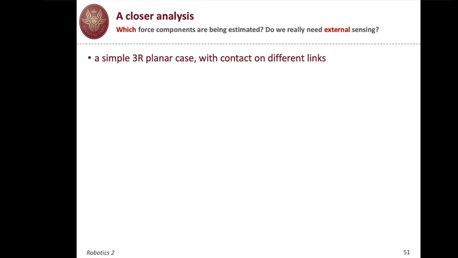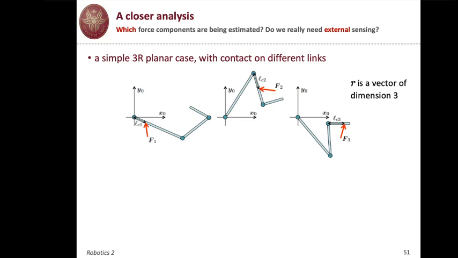So the situation is as follows. Suppose that these are a generic configuration, generic points of contact, generic forces. There's an LC1, LC2, LC3, which tells along the link at which point we are contacting as counted from the base of the link itself, so from the preceding joint.